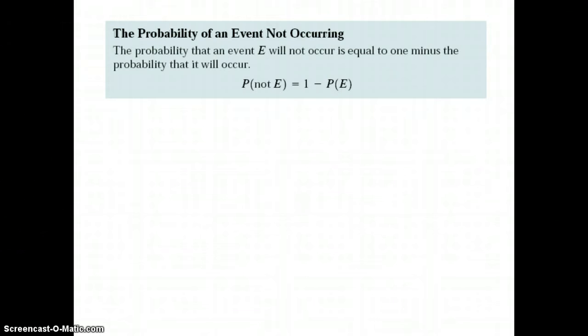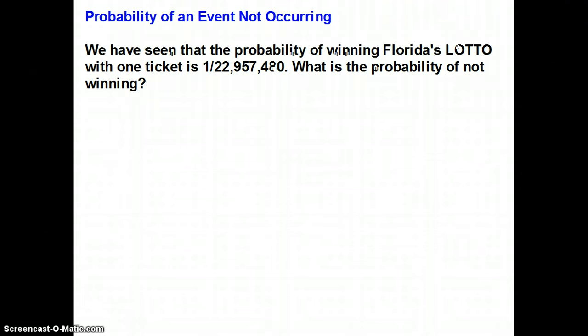Oh, we have probability of an event not occurring here. The probability that an event E will not occur is equal to 1 minus the probability that it actually will occur. So this one piggybacks off of the previous problem we did with a combination.